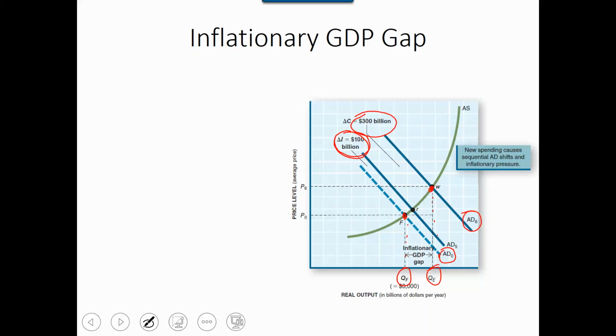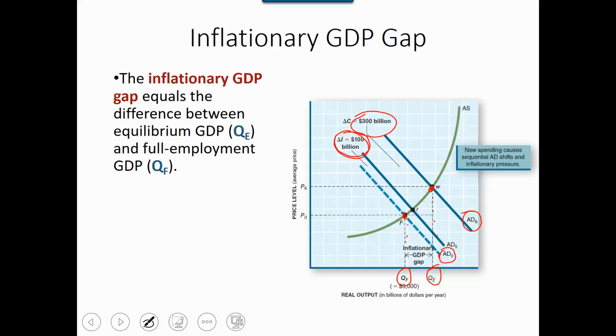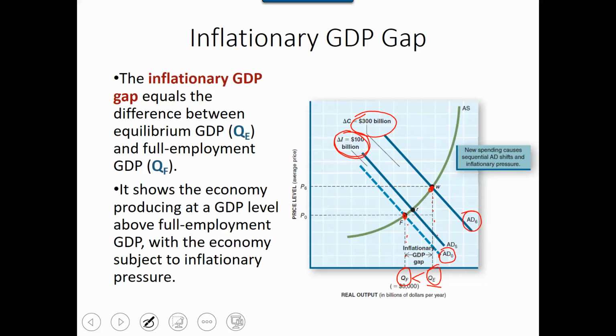This gap we call the inflationary GDP gap. The inflationary GDP gap equals the difference between equilibrium GDP and the full employment GDP. In this case, QE is larger than QF, so the economy is producing at a GDP level above the full employment GDP. So the economy is subject to inflationary pressure. So the economy is overheated.